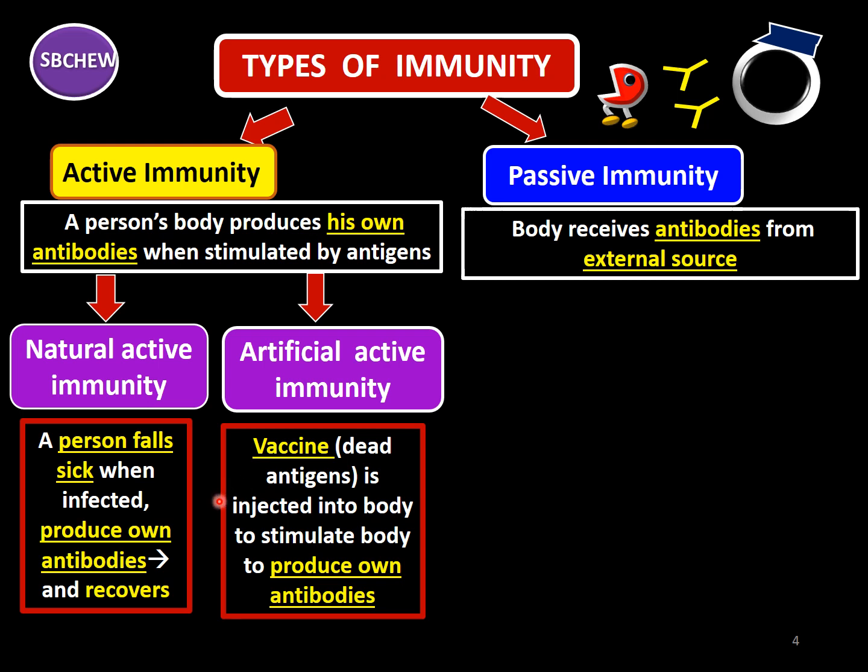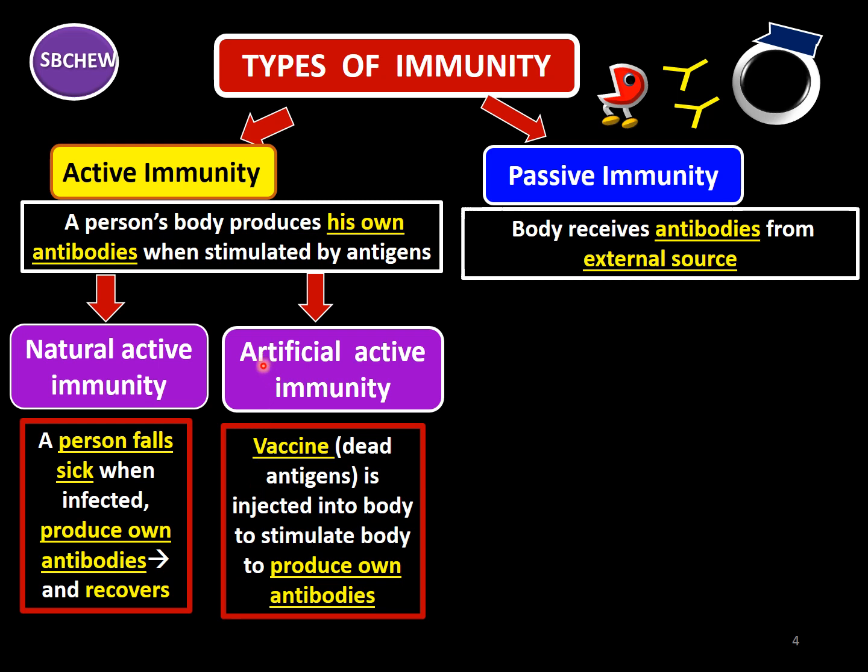But the aim of this vaccine injection or vaccination or immunization is to help the lymphocytes, to stimulate the lymphocytes to produce that specific antibody against the antigens, so that in future, should the living antigens attack the body, then the memory cells produced will be able to produce the specific antibodies against that antigen and overcome the attack, and the person will not fall sick.